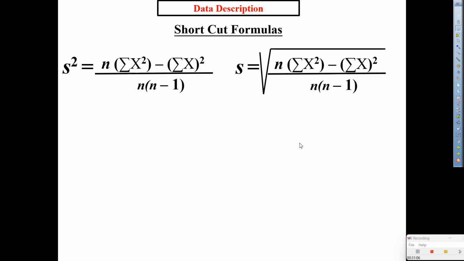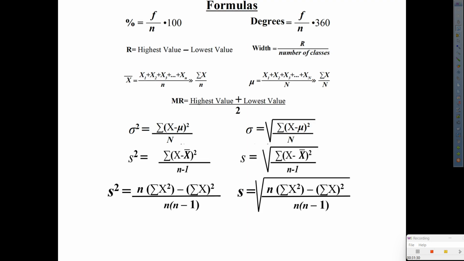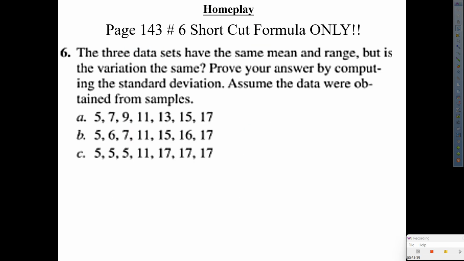There they are. And for those of you following along on YouTube, this is the practice for tonight. There's 3 sets of data. You need to find the variance and standard deviation using the shortcut formulas.